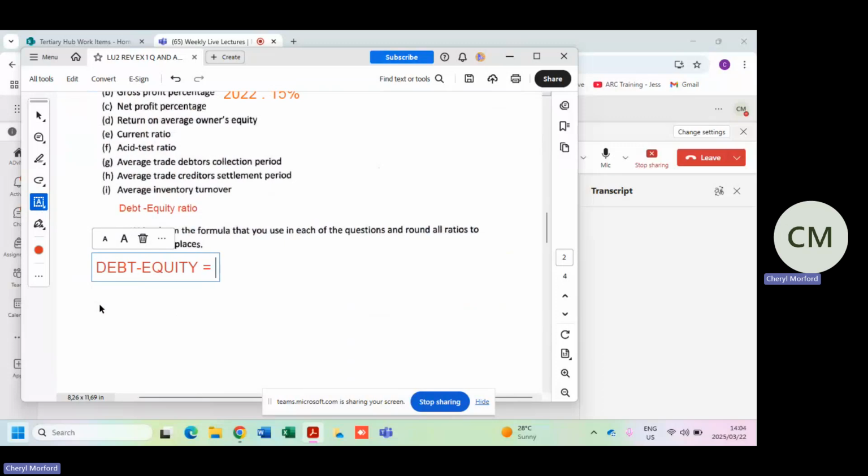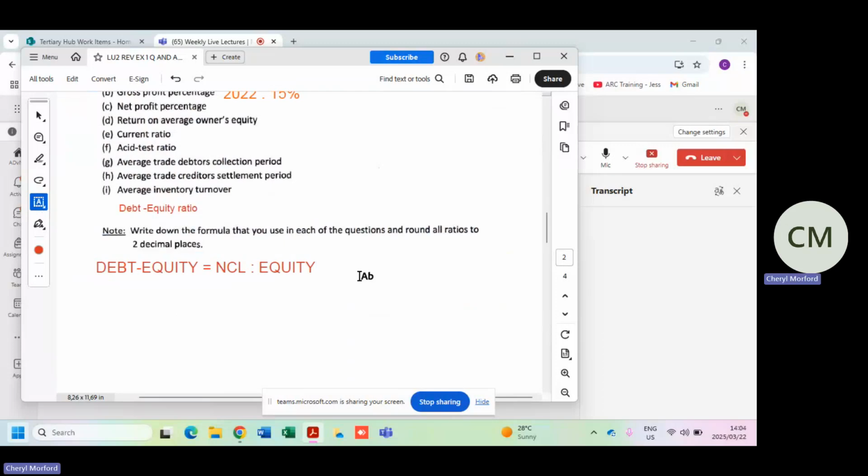And how does it work? As the name tells me, it's debt. And this is not credit card, and it's not trade creditors. It's debt as a form of raising capital for the business. So it's going to be your non-current liabilities, and we're going to divide that by our total equity.